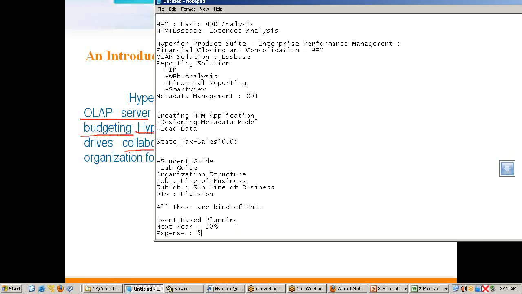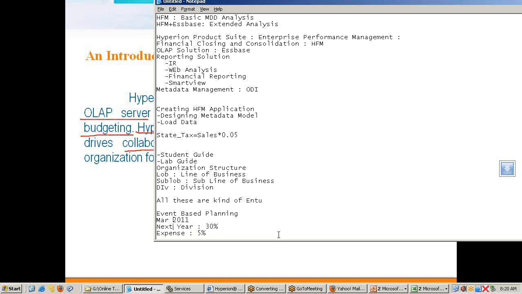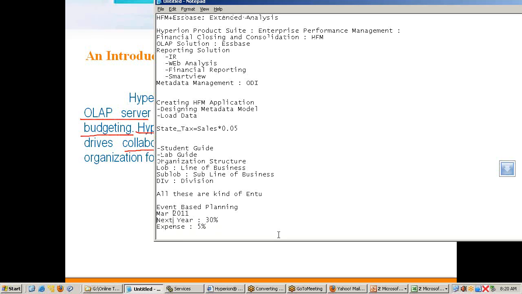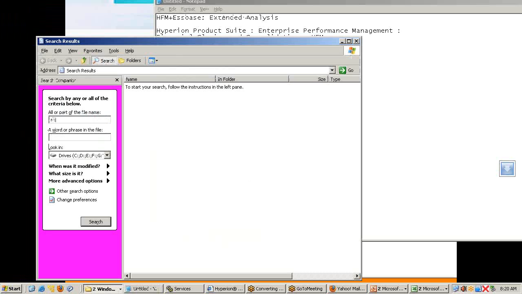This is my plan. I'm preparing a plan in March 2011 for March 2012.